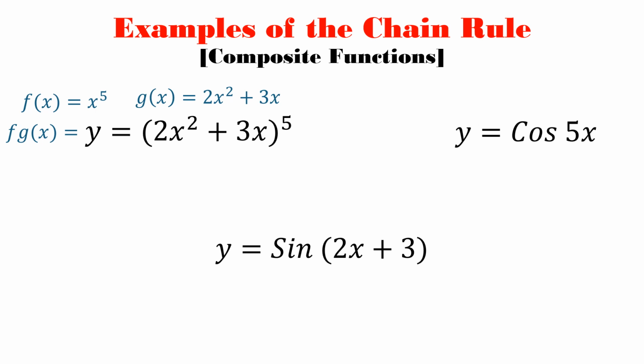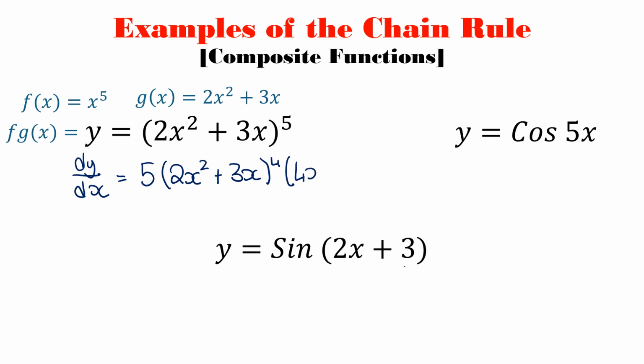So what we're doing is we're differentiating the f of x. So you're bringing down your power and taking one away from your power, but you're leaving what's inside. And then you multiply by the derivative of the inner function. So you're differentiating g of x, which gives us 4x plus 3.